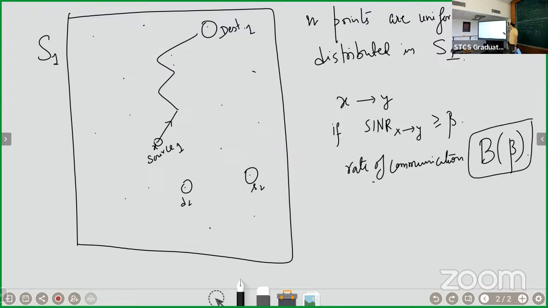So this is the bits over one particular edge, if the SIR between them is greater than beta. That's the rate at which per-link communication happens. So if you think about one single source and one single destination, if it's h hops away, what is the rate of communication?